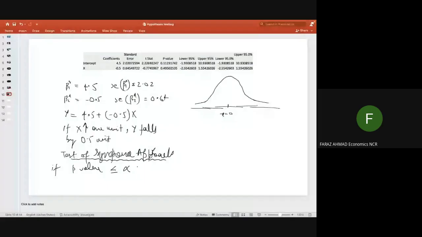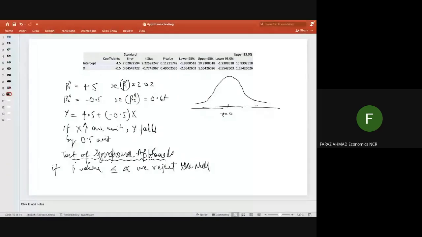So if p-value is less than or equal to alpha, we reject the null. That's the test of significance approach, and we look at the p-value.